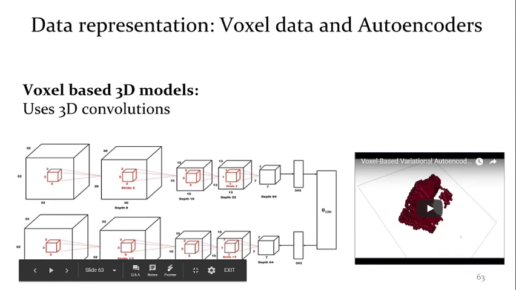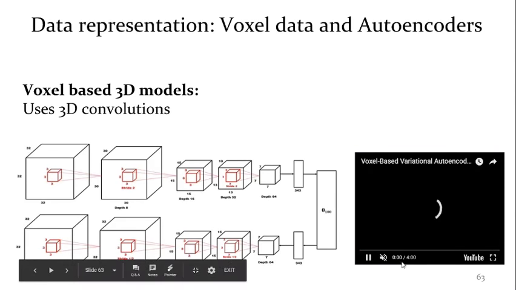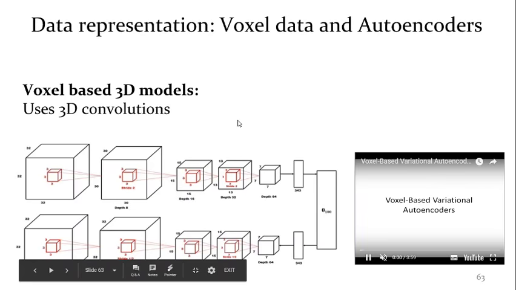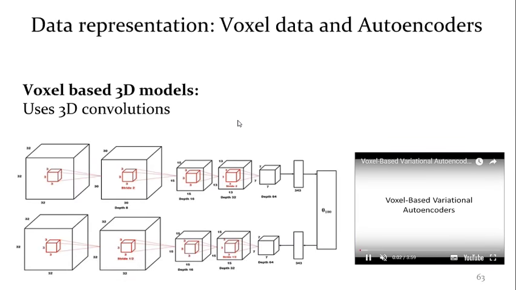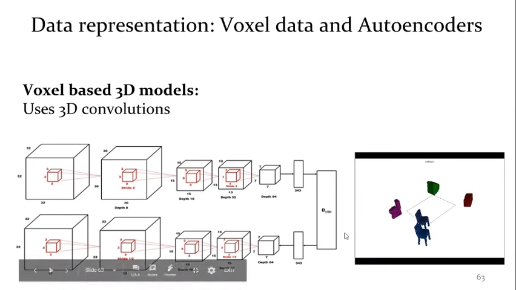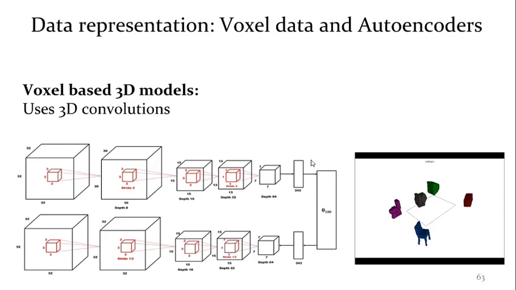And lastly, this is what we were showing before, working with voxels. How do you represent 3D images? And then if you can represent them, you can train autoencoders on them, or some classifiers. So you can classify whether this shape represents a chair, or this shape represents a toilet, or something.